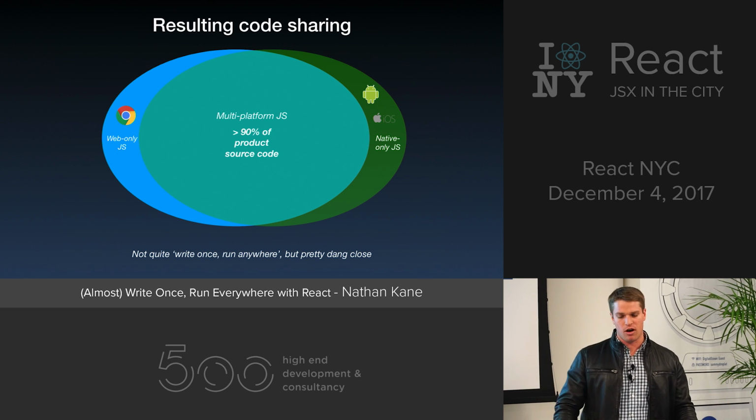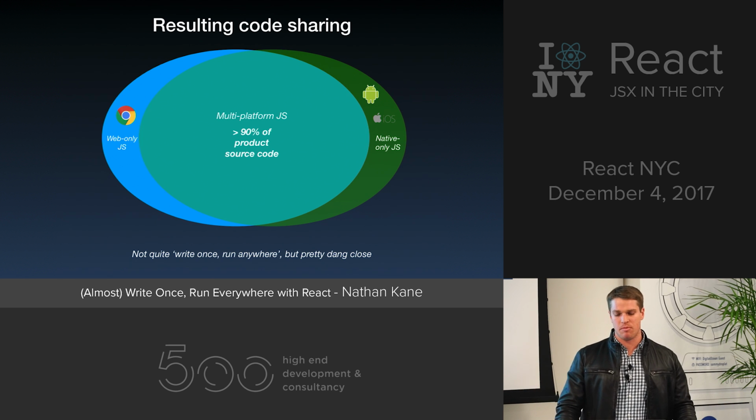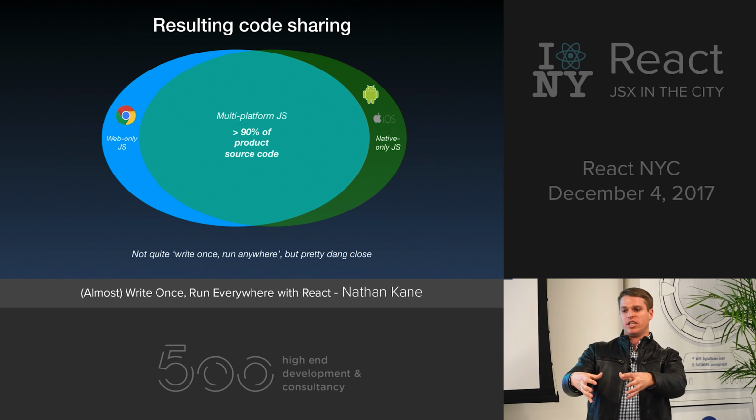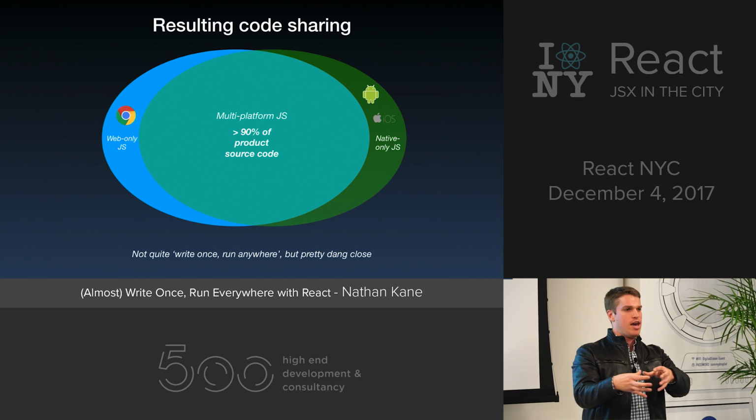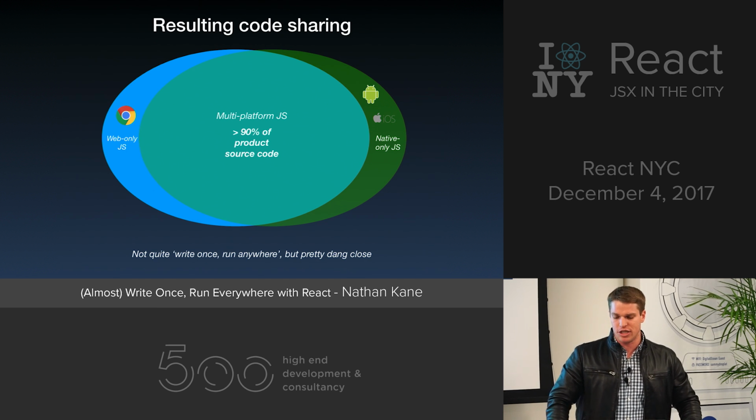So far we've been getting really high reuse, I guess. Like 90% of our source code just lives in this one central JavaScript app, and we just pluck out what we need for each platform.